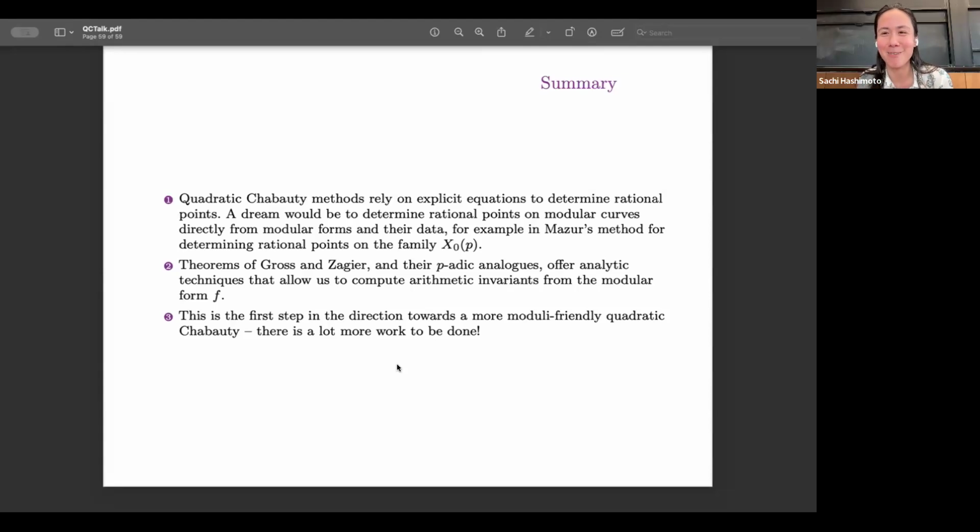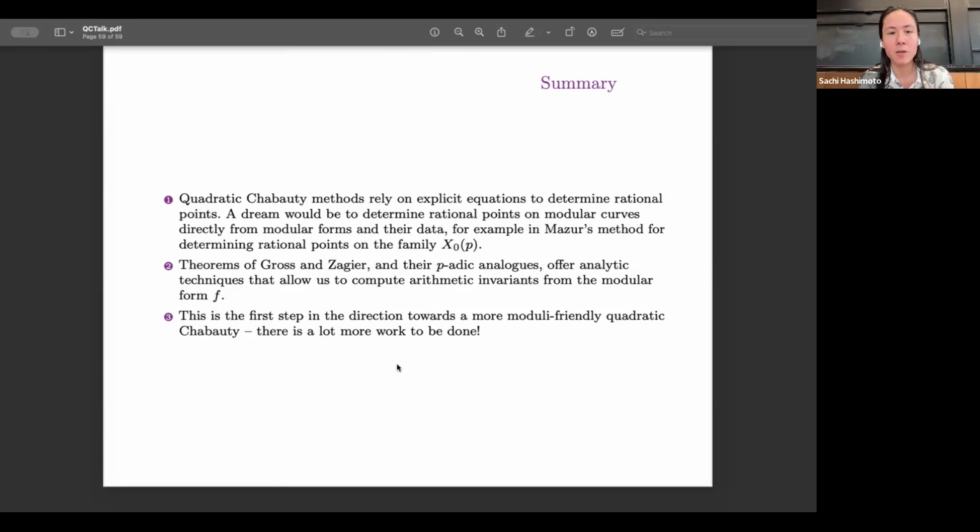I didn't know that genus 6 was possible with equations. So perhaps there's a way to rely directly on modular forms and their data in quadratic Chabauty algorithms. I'm interested in methods that can compute more quadratic Chabauty data, more arithmetic data, from the modular forms that control the rational points.